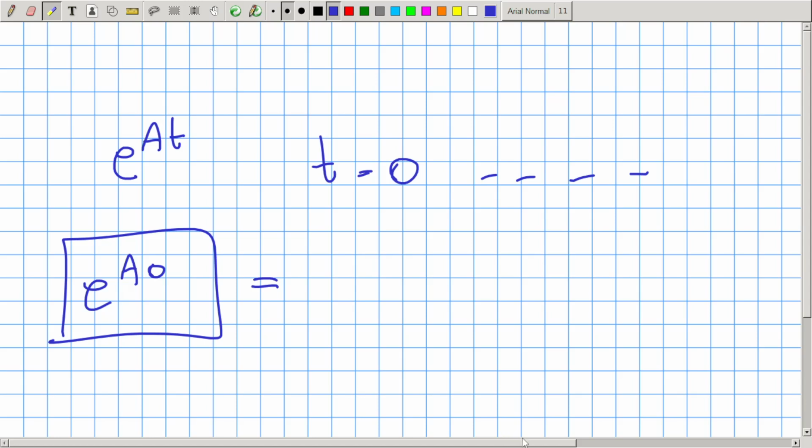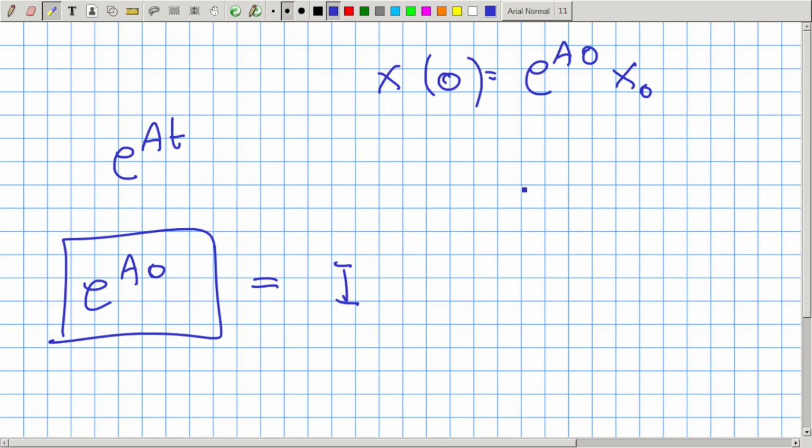Not 1, the matrix version of 1. And indeed, x of t is equal to e^(At) x0. x of 0 is going to be this, true? That means that this one has to be the identity. Are we together? Do you see it? Why does it have to be?